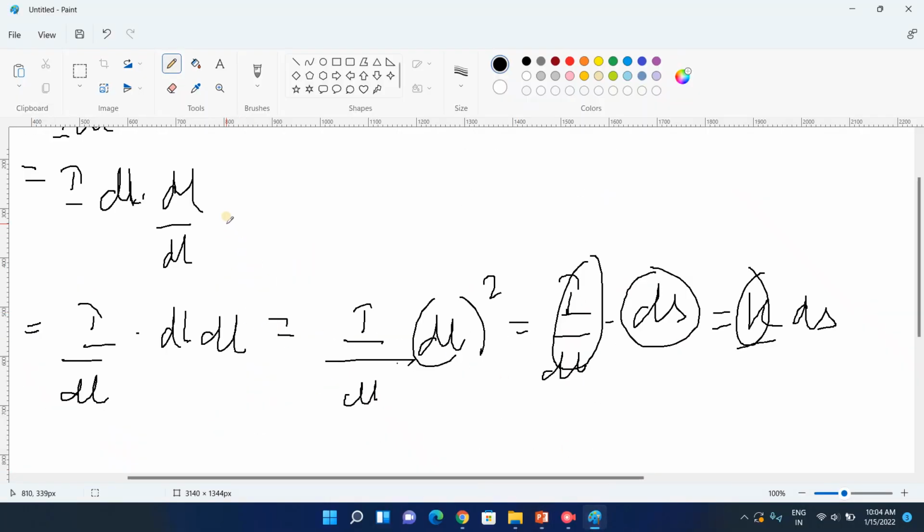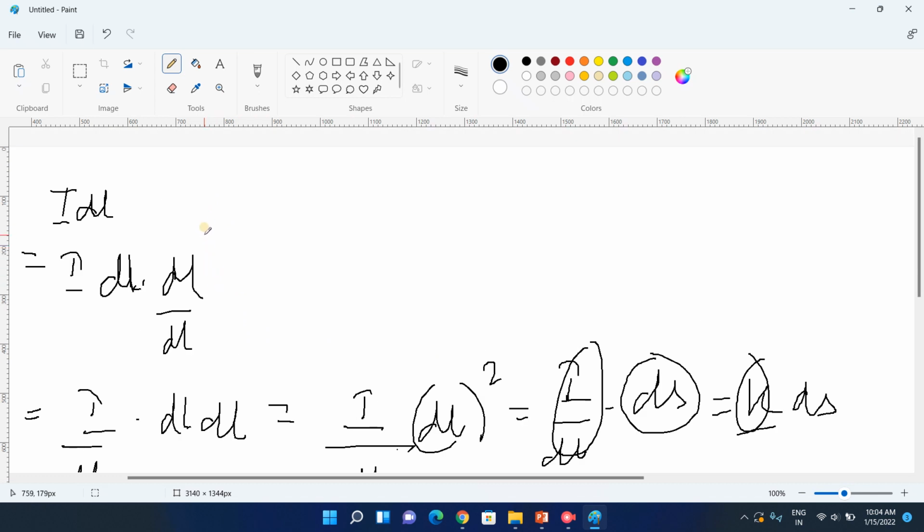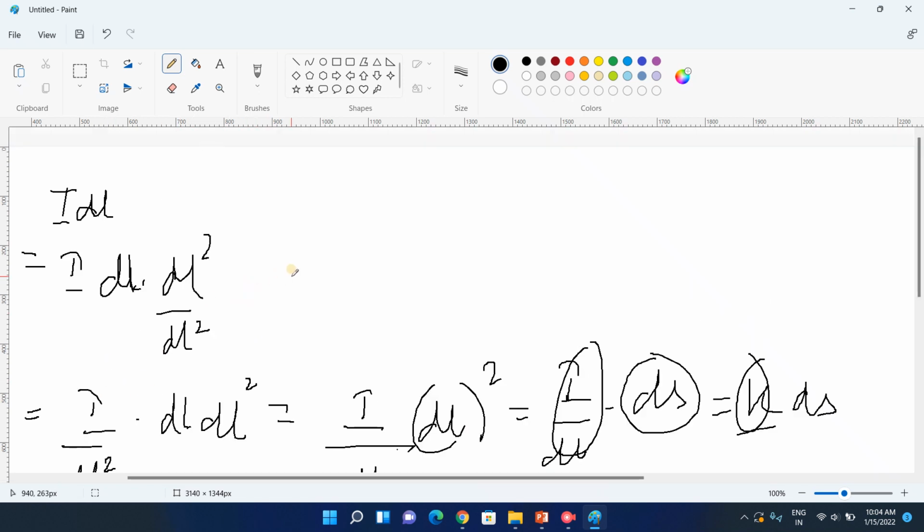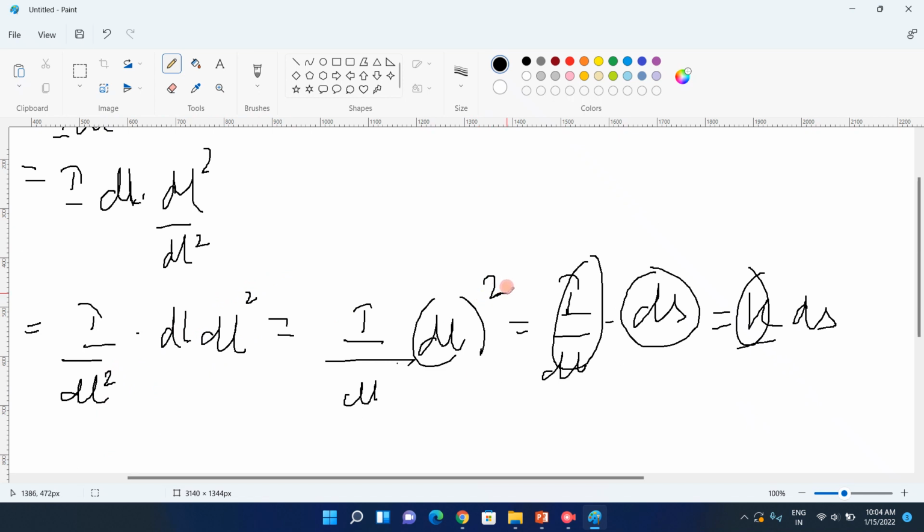If I do the same thing in this way, dl square, this is dl cube, this becomes dv.